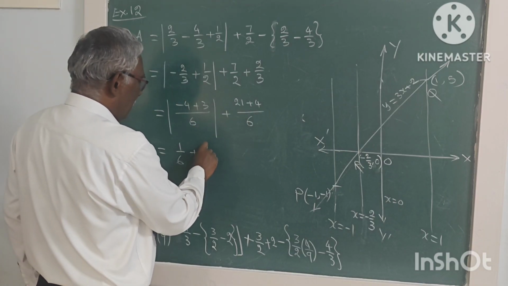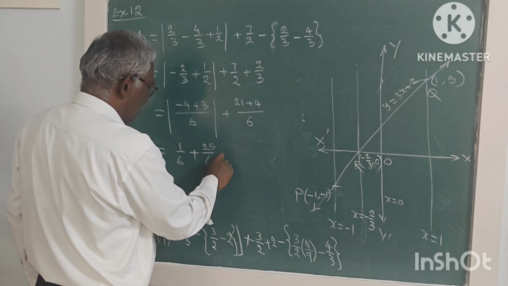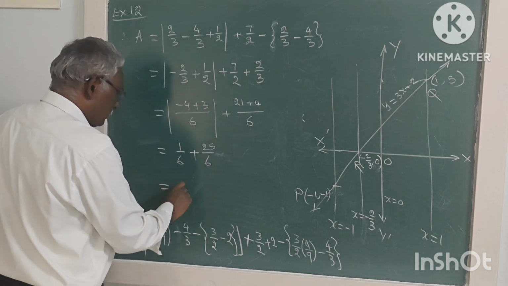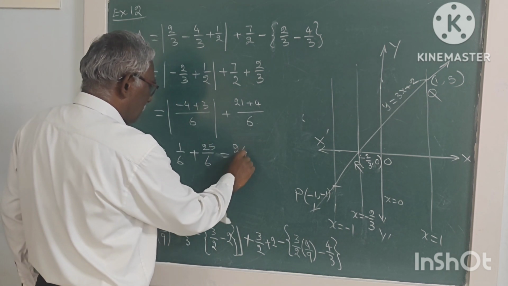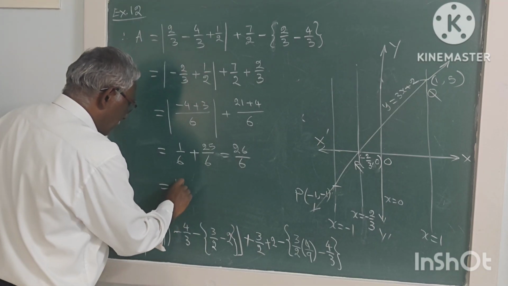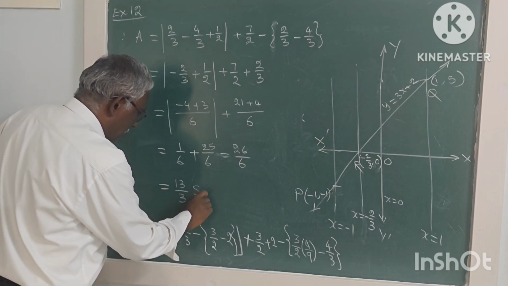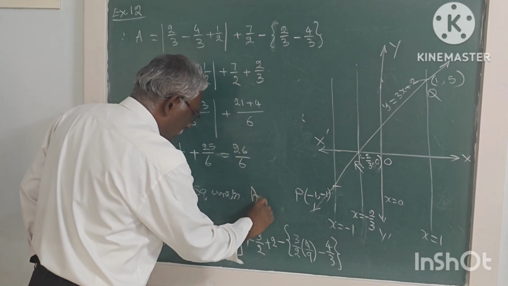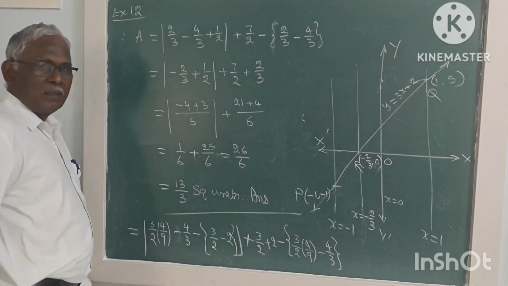This is 26 by 6, that is 13 by 3 square units. So this is the answer.